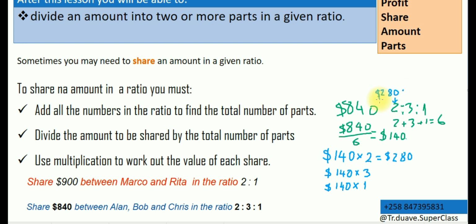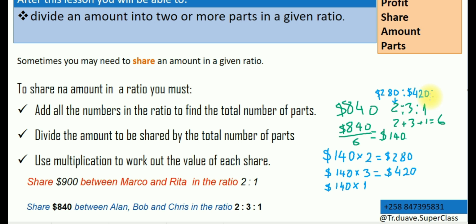The second one, 140 multiplied by 3, will have 420, which means here we'll get 420.